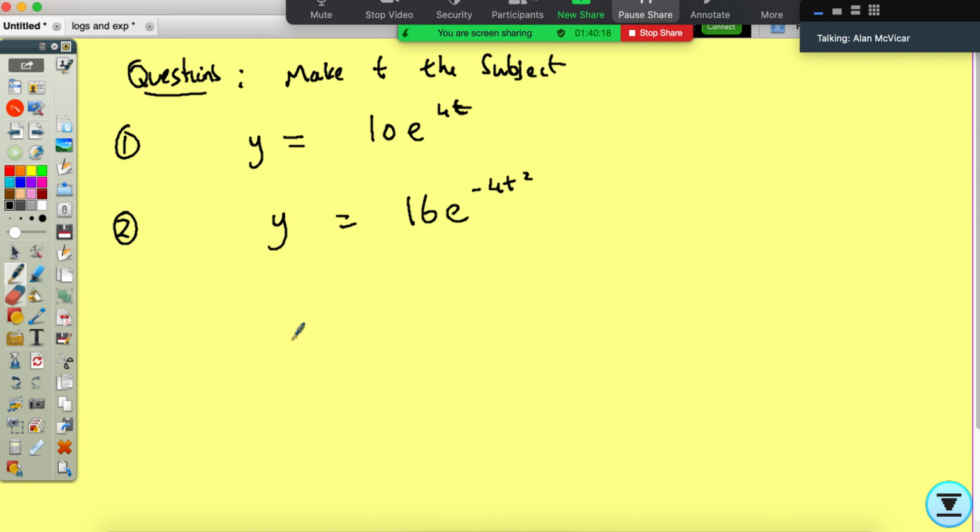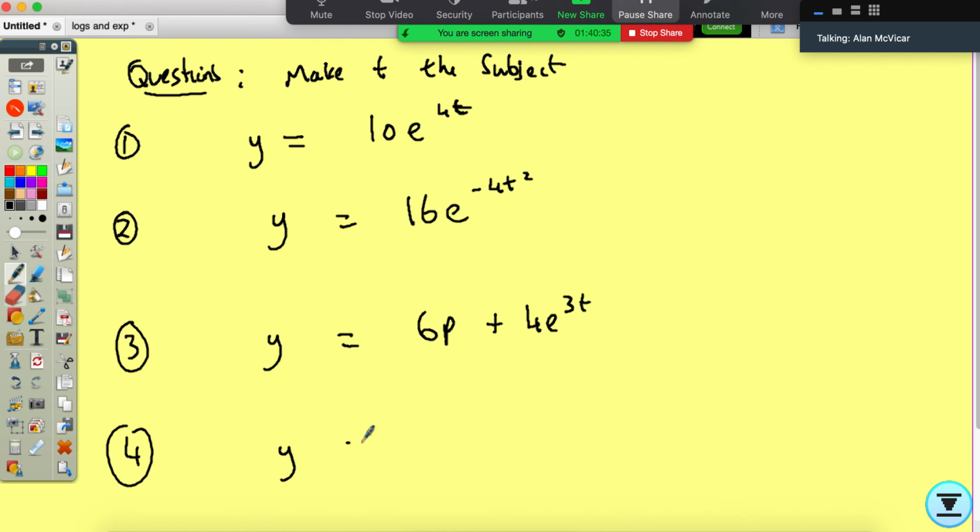Make t the subject. 3: y equals 6p plus 4e to the power of 3t. And lastly, y equals 32e to the power of 4t take away 2.